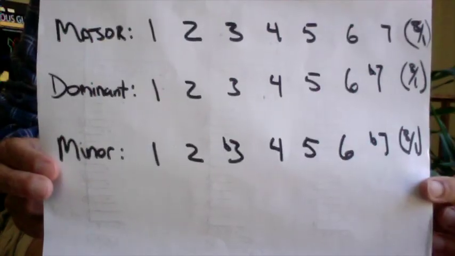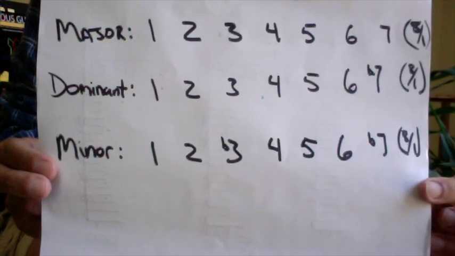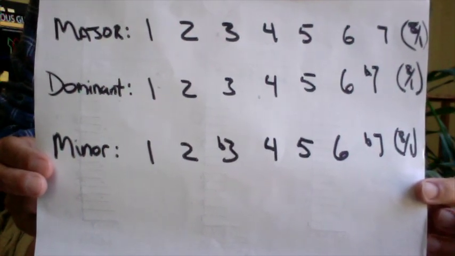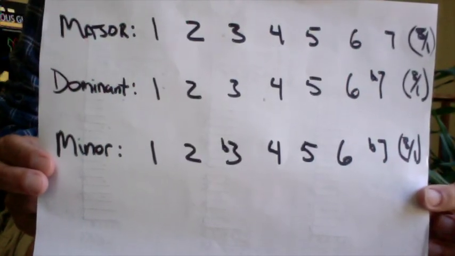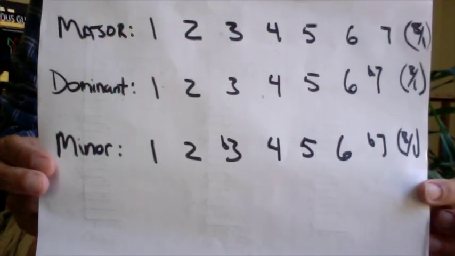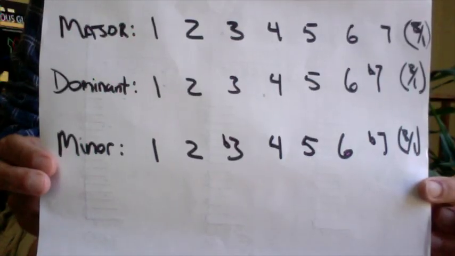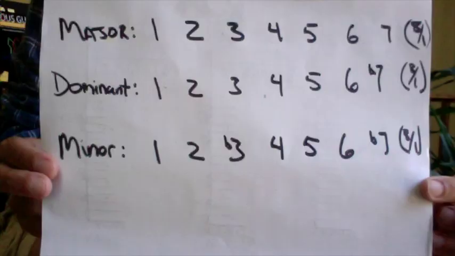Okay, now look down at the minor scale on the bottom. I'm going to ask the same type of question about the minor scale. This should be relatively simple. What interval do you see in the minor scale that does not appear in the other two scales? Again, what interval is in the minor scale and not in the other two scales?